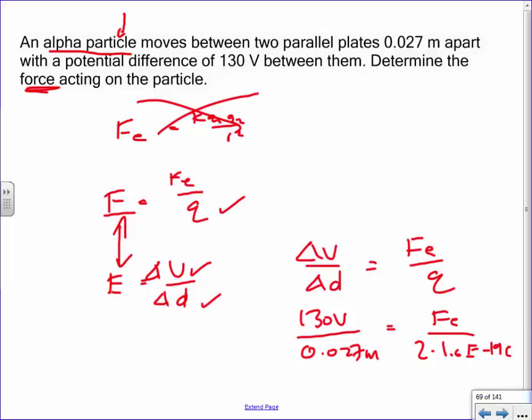Let us solve that. I got 1.5 times 10 to the negative 15. Did I get that too?